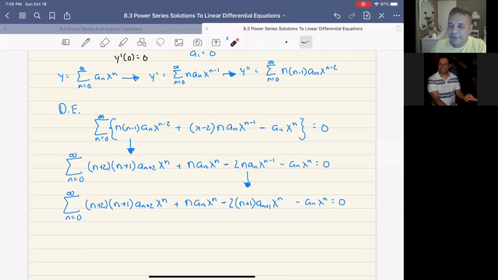The first time I really do anything is when n equals 1. I'm going to get x to the 0. That's fine. This term has to be 1 the first time it's non-zero, so I'm going to shift that to n plus 1. That one's going to need to be a sub 1 the first time that it's non-zero. That's the a sub n plus 1.